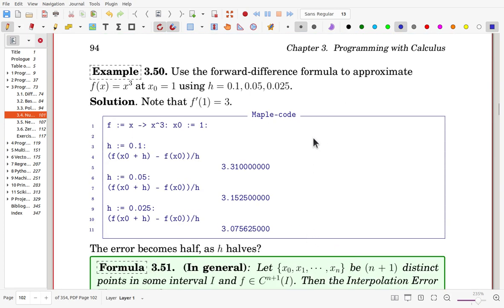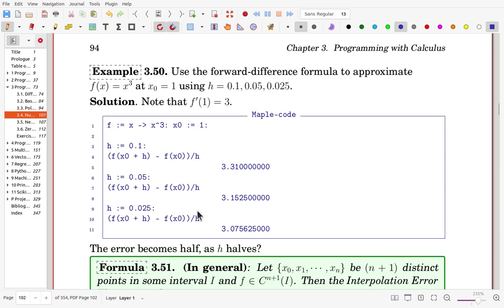Now we'll test the accuracy, particularly of the forward difference formula. Use the forward difference formula to approximate f of x equals x cubed at x0 equals 1 using three different h, each time halved. Here f is defined.